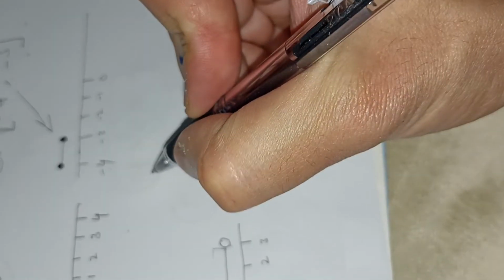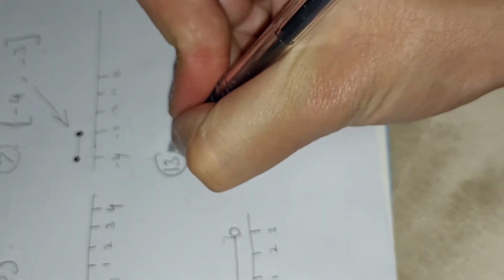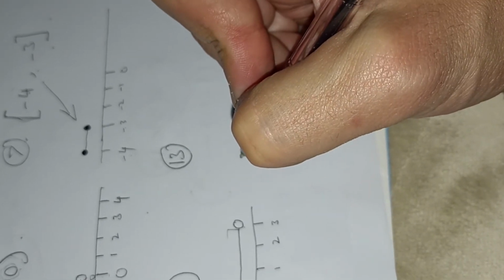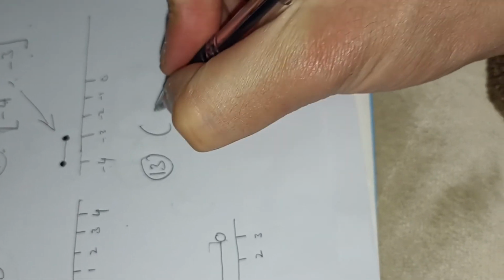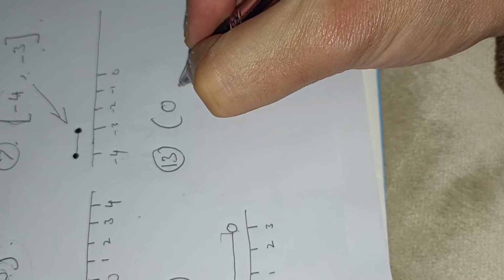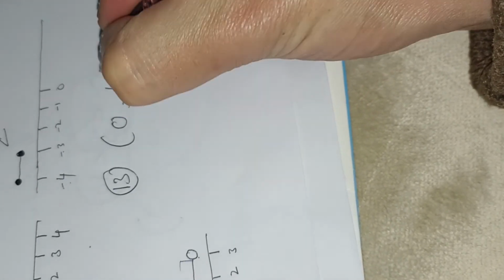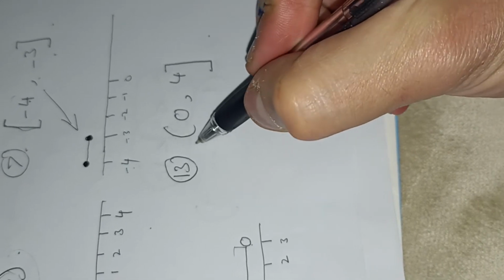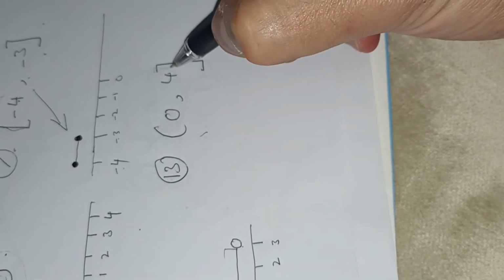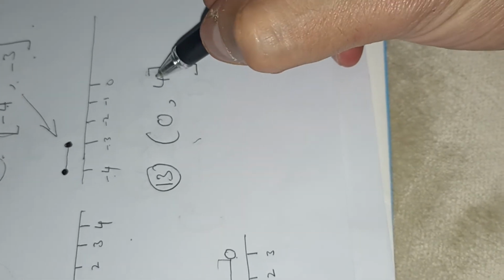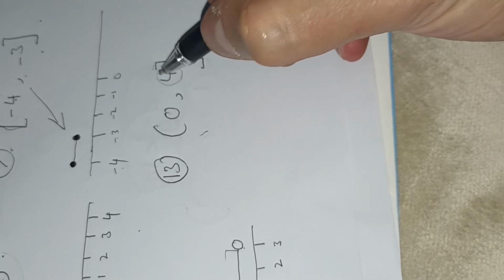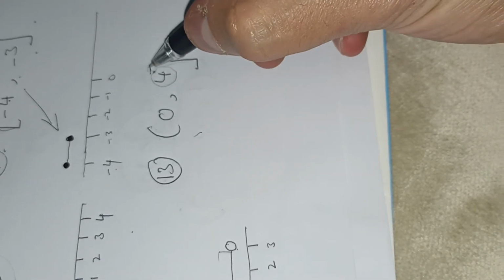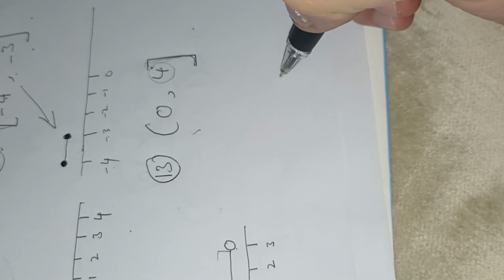Now if we look at question number 13 in exercise 1.3, it is like 0 and 4, and look at the bracket. Now here is a small bracket and this one is a big bracket, so it means that the 4 will be included in the whole data because here we have used the inclusive bracket.